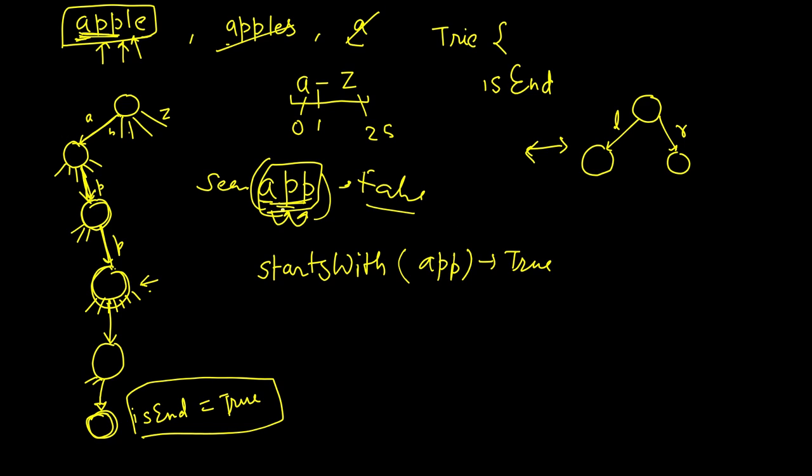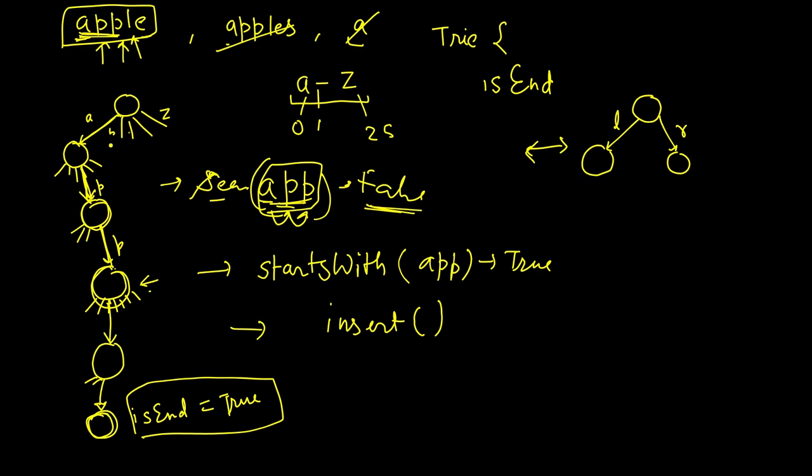But is app exactly present in this trie or the corpus or not? We will return false. And we also need to implement insert logic. So we have to implement these three functions in this question. And I am talking about a simpler version of this. You may be thinking that there is an unnecessary wastage of space.